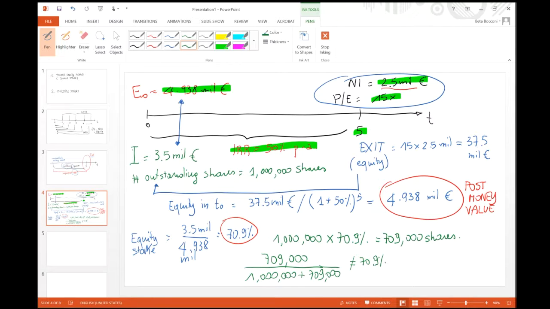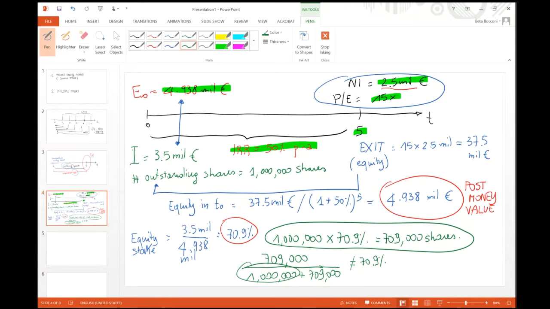And you can imagine why. This calculation is correct only if you assume that this deal is a buyout. You are buying from the existing shareholders 70.9%, and the number of outstanding shares doesn't change. But this is not the case.